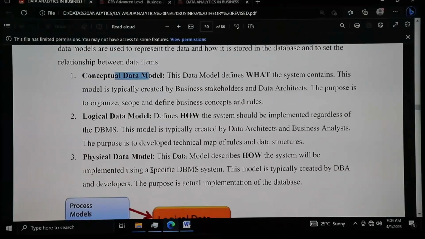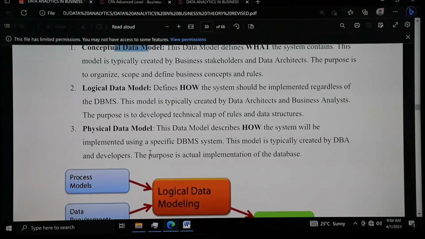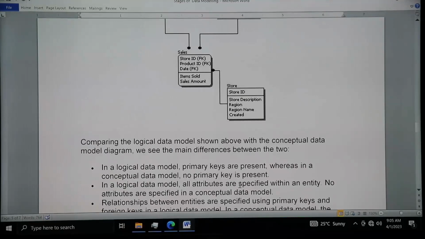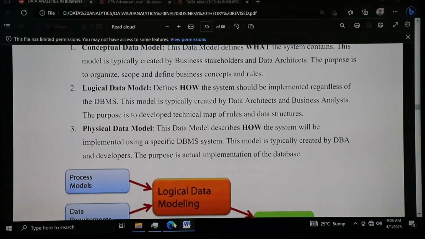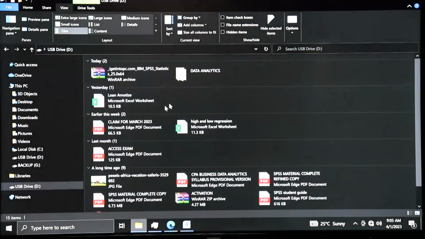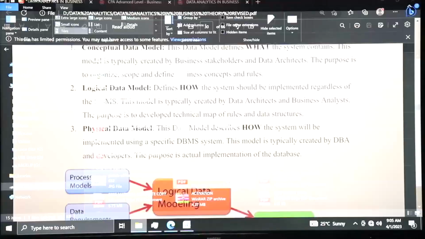Then finally, we have the physical data model, and this describes how the system will be implemented, that is, how we implement the final database. This implementation is done using a specific database management system. Here we talked of software like MySQL, SQL Server, Oracle, and other database management systems that we use. If you check our course content, they also highlighted a few of these database management systems.